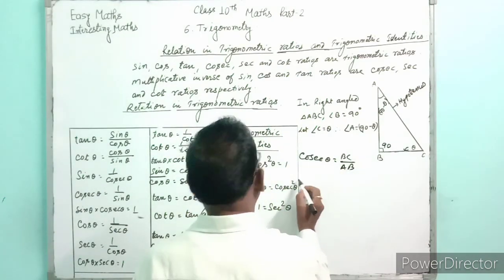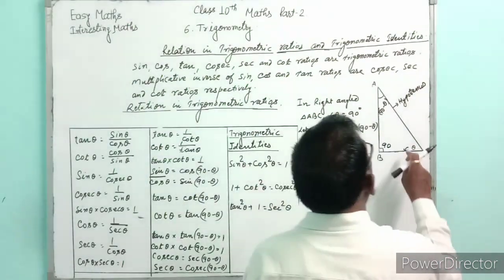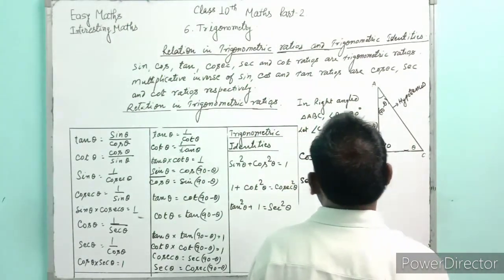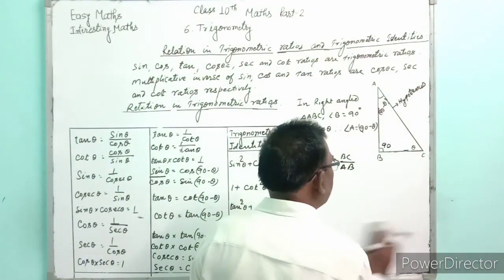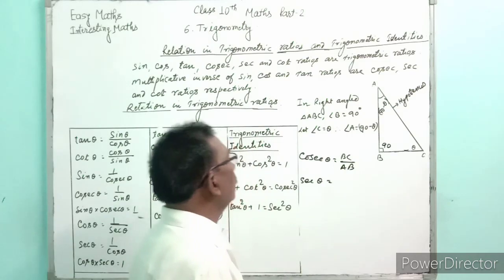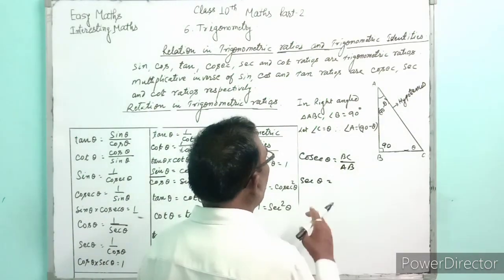Next, sec theta is equal to... sec theta is a multiplicative inverse of cos theta.